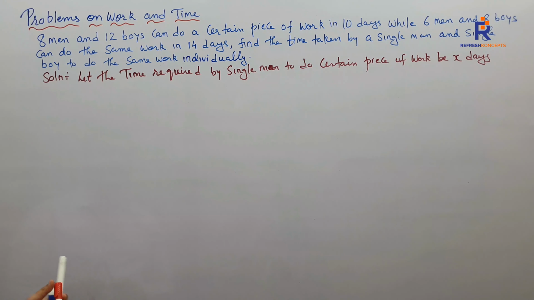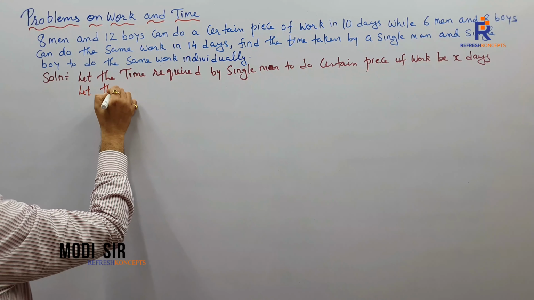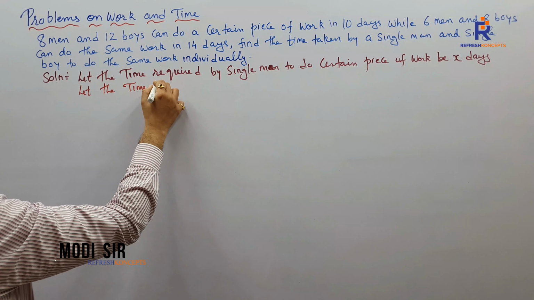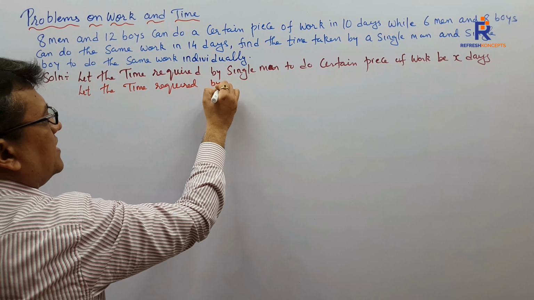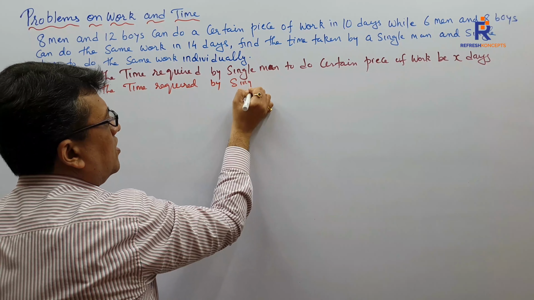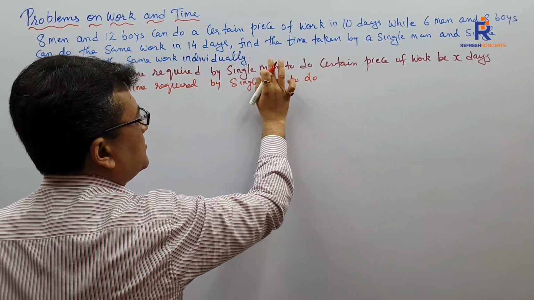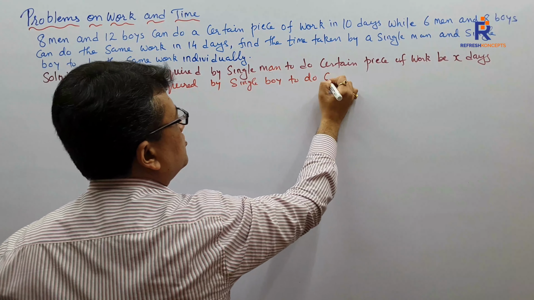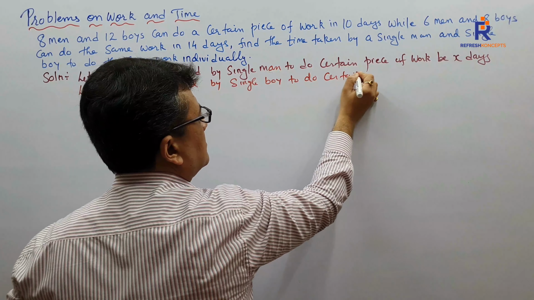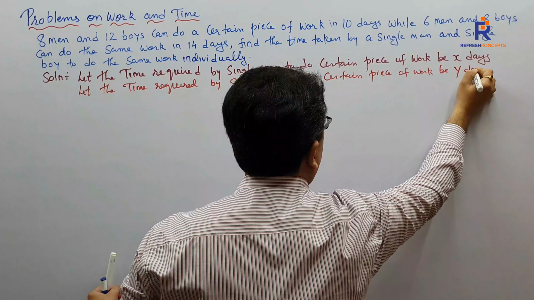What is the time required by a single man to do certain piece of work? Be X days. On the same lines, let the time required by single boy to do certain piece of work be Y days.